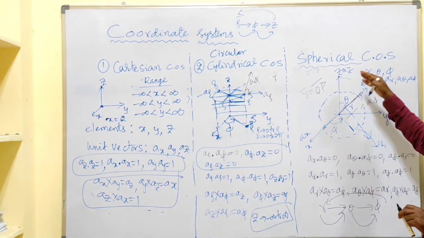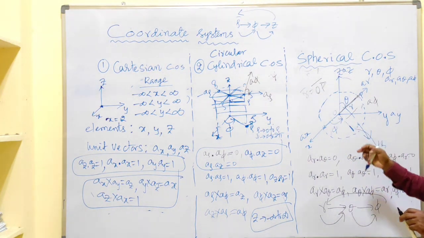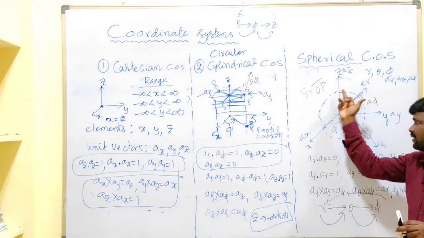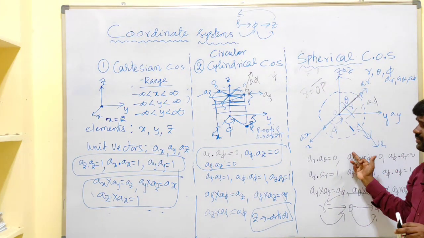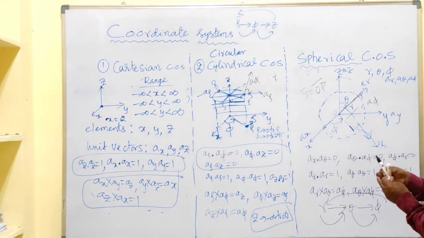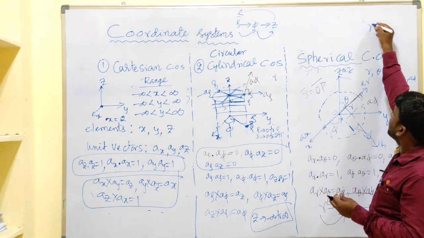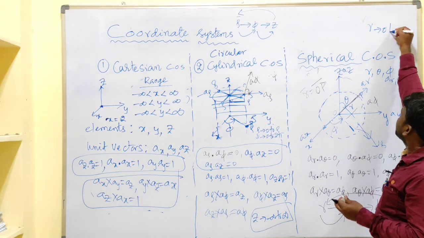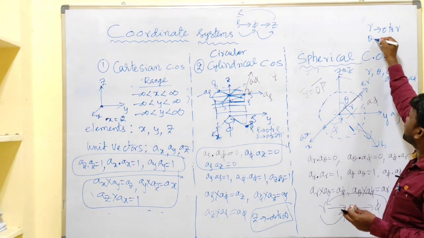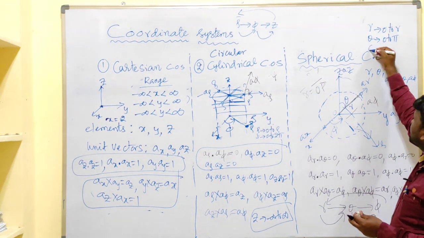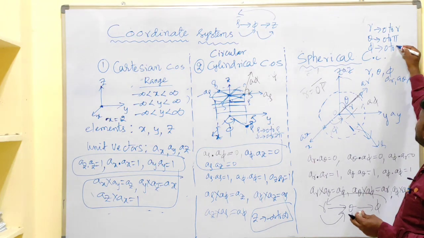If R and theta are constants, pi is variable, varied from 0 to 2 pi along the sphere. So the range of the radius of the sphere is 0 to R, whereas theta ranges from 0 to pi, that is 0 to 180 degrees, whereas pi is 0 to 2 pi.